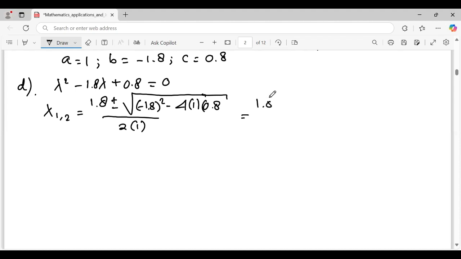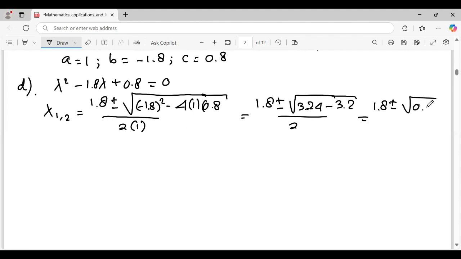It becomes 1.8 plus or minus the square root of 3.24 minus 3.2, over 2. And it is 1.8 plus or minus the root of 0.04 over 2, equal to 1.8 plus or minus 0.2 over 2.